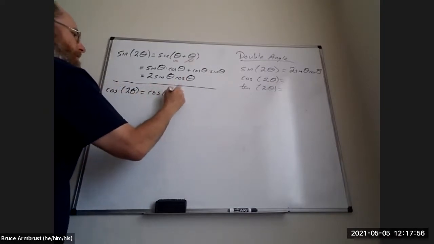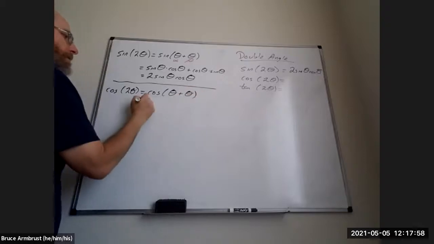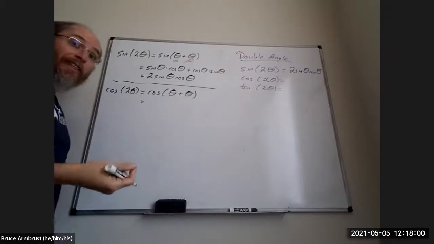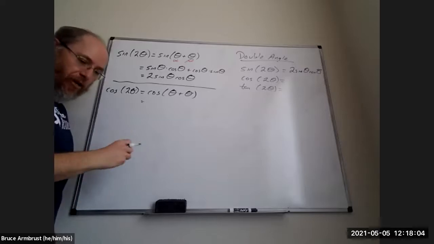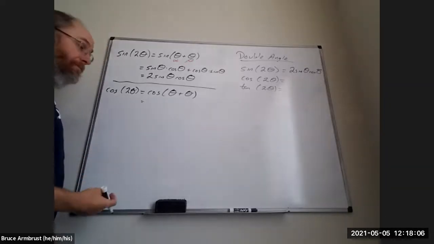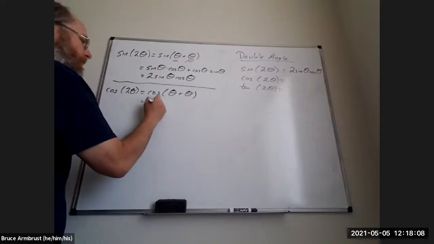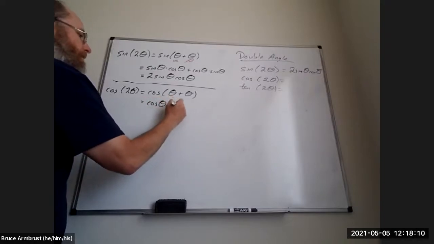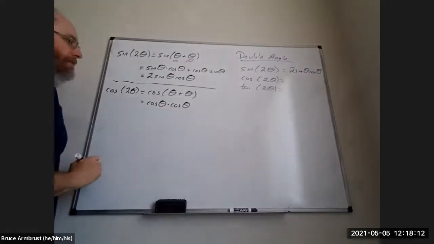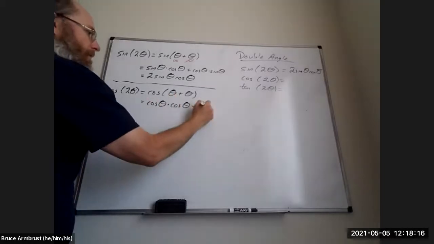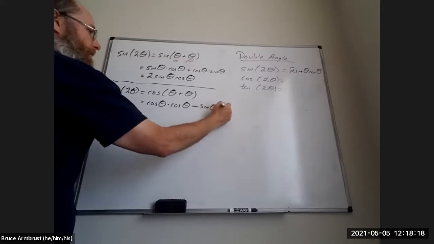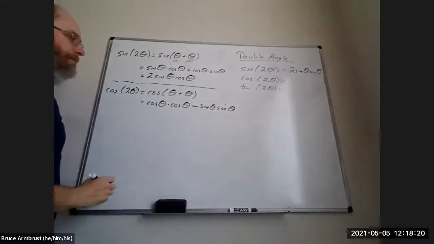It's the same as cosine of theta plus theta. So we're going to go to that sum of angles identity, and we're going to change all of the angles to thetas. So it was the cosine of the first times the cosine of the second, minus, at the opposite sign, the sine of the first times the sine of the second.